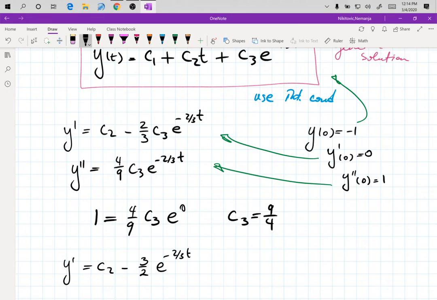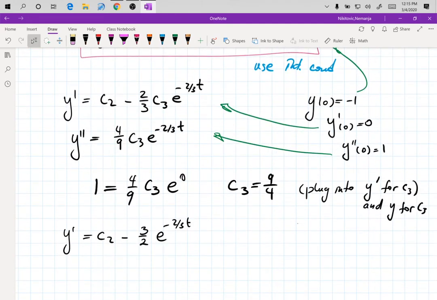When I plug in c3, we use the initial condition y prime of 0 equals 0. So that's a 0 equal to c2 minus 3/2 e to the 0. So c2 works out to be 3/2.